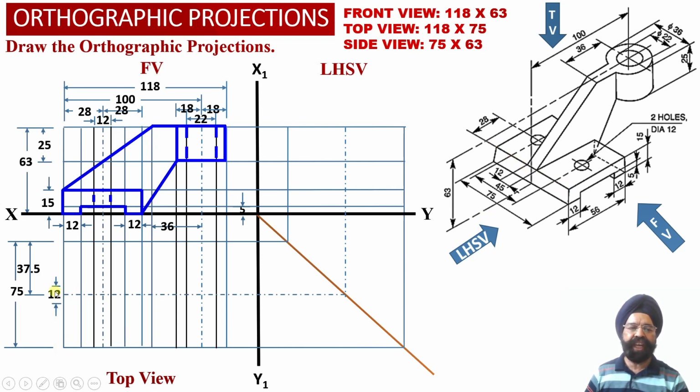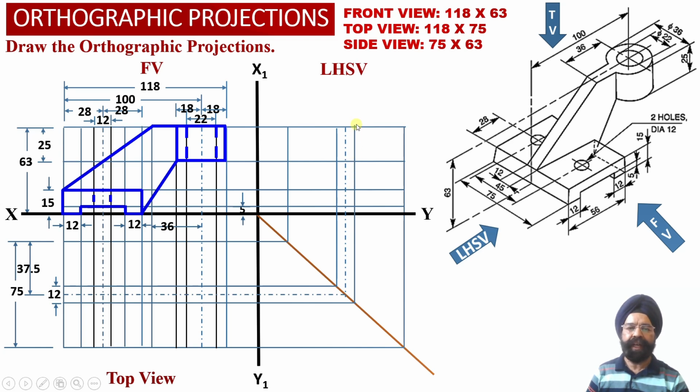So now we can check. We have marked an offset of 6 millimeter toward the rear surface, 6 millimeter toward the front surface, and two horizontal projector lines have been obtained into the top view projections. And using this transfer line, these two horizontal projector lines have been appropriately transferred into the left hand side view projections over here.